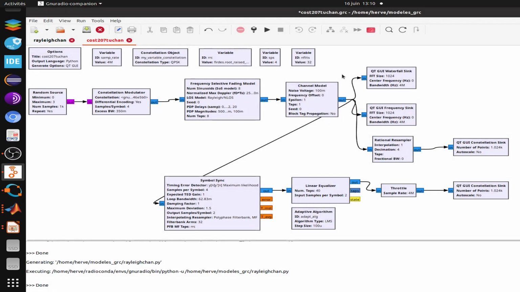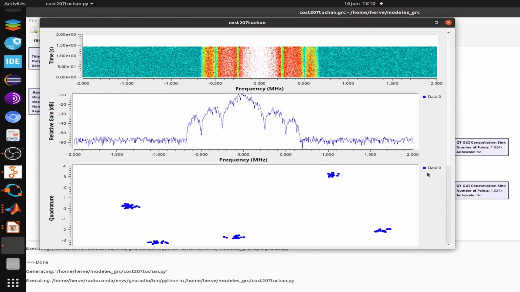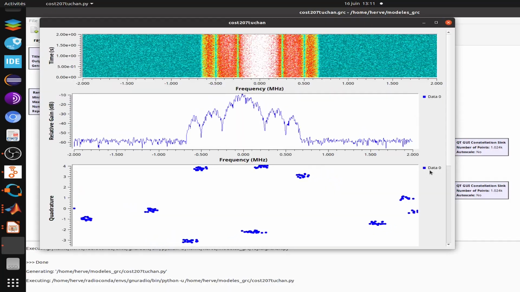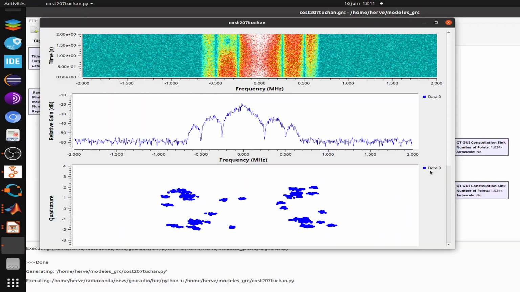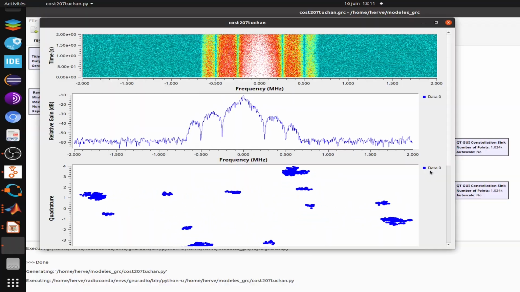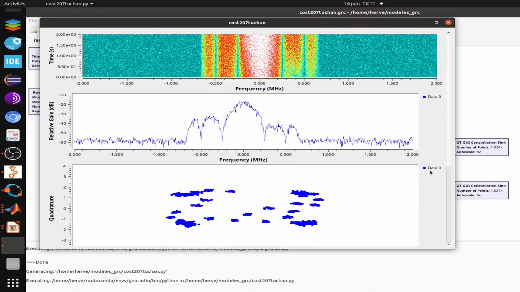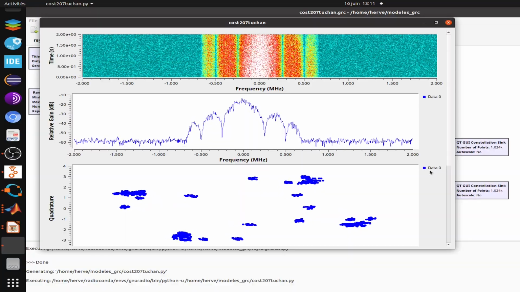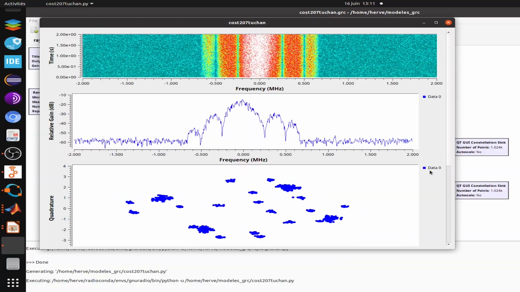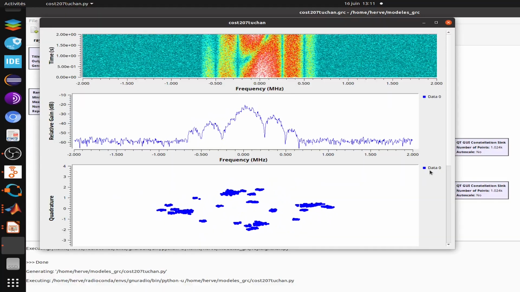So now we are going to look at what's happening, and that's typical of a frequency selective channel, because you've got several points on the constellation, and if you look carefully at the spectrum, you'll see that some frequencies fade differently from others, showing that we are with a frequency selective channel.